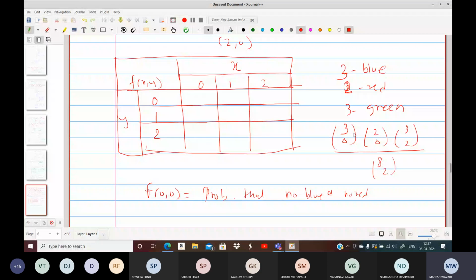They will be selected from green. This is red and this is blue. So 2 refills are selected from green, and as per the multiplication rule, the numerator is 3C0 is 1, 2C0 is 1, and 3C2 is 3, and 8C2 is 28. So it is 3 by 28.